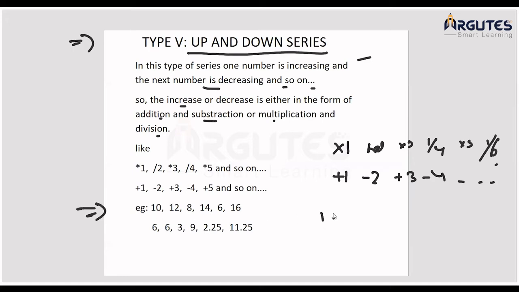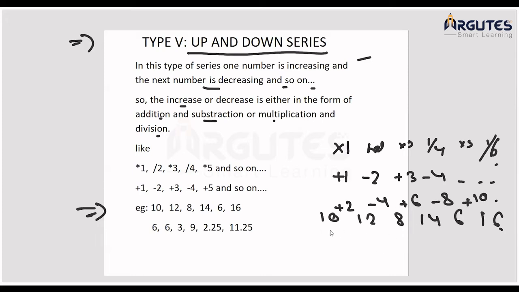Here it's written 10, 12, 8, 14, 6, 16. So 10 plus 2, minus 4, plus 6, minus 8, plus 10. So here in the series we are witnessing that to 10, 2 is getting added, then from 12, 4 is getting subtracted.